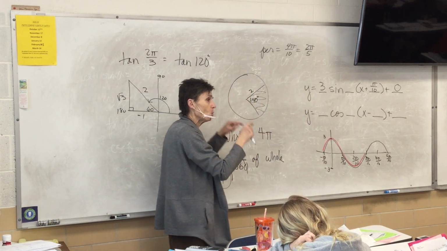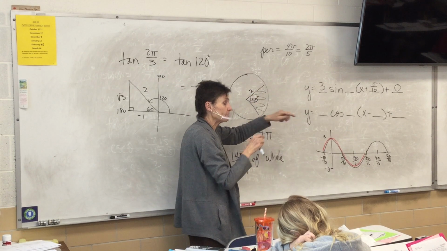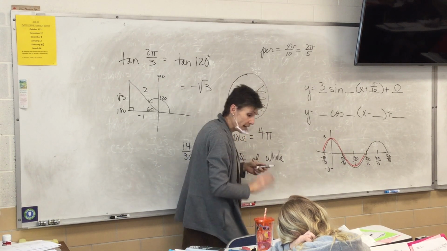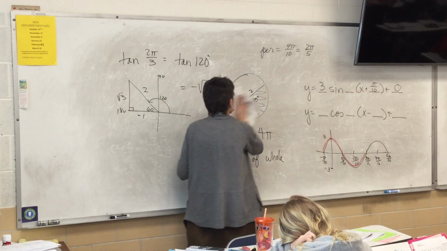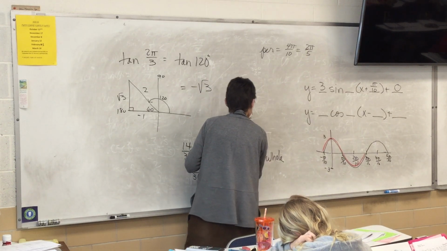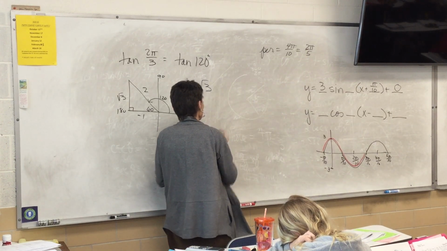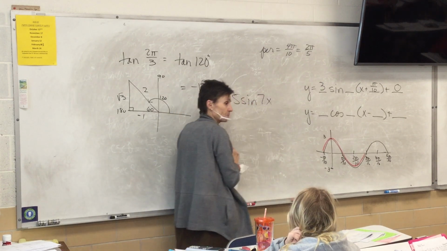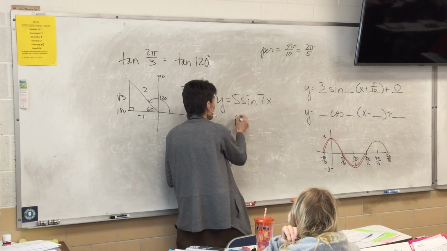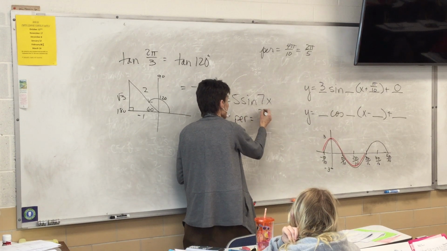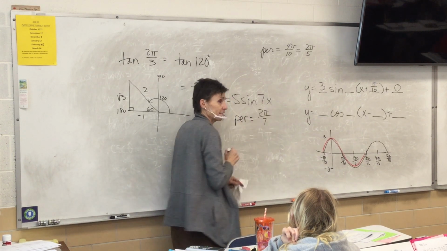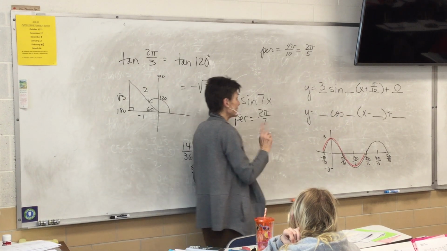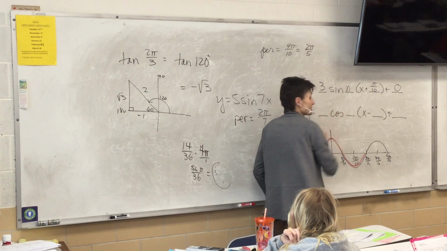Now think about the one that we just graphed. We had the equation. To find the period of it, think if you have your own equation. If you have an equation, y equals 5 sine 7x, to find the period, don't you take 2 pi and divide it by that number? So I have no idea what this number is.